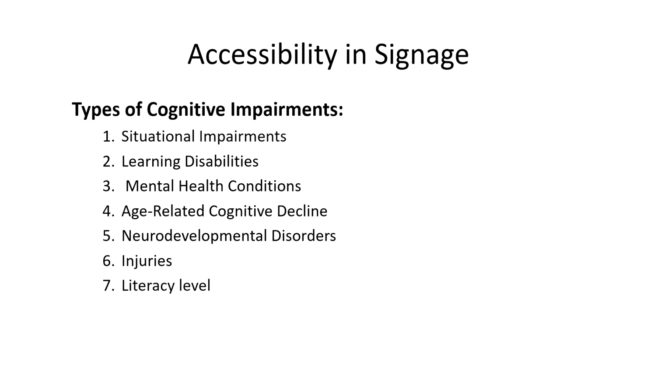Situational impairment. It is a temporary state of distress or confusion caused by a specific situation or environment. Examples include being overloaded with information, experiencing anger or anxiety, or feeling overwhelmed in a crowded space.